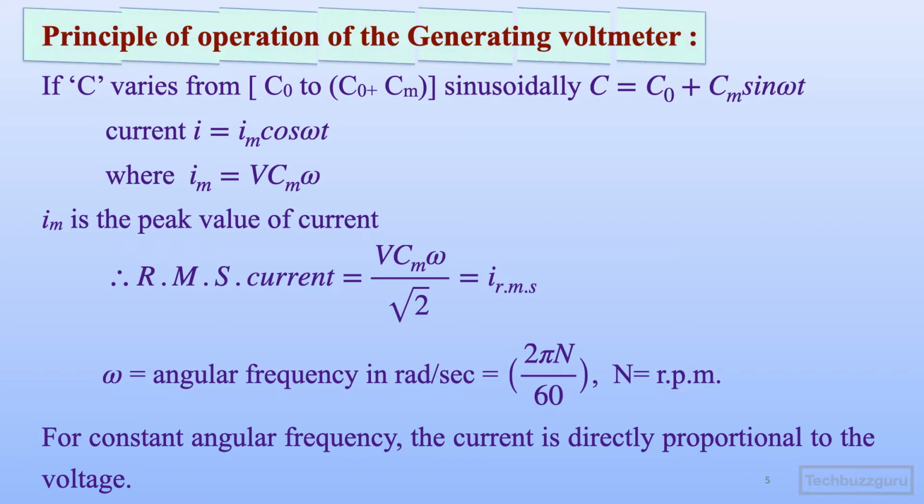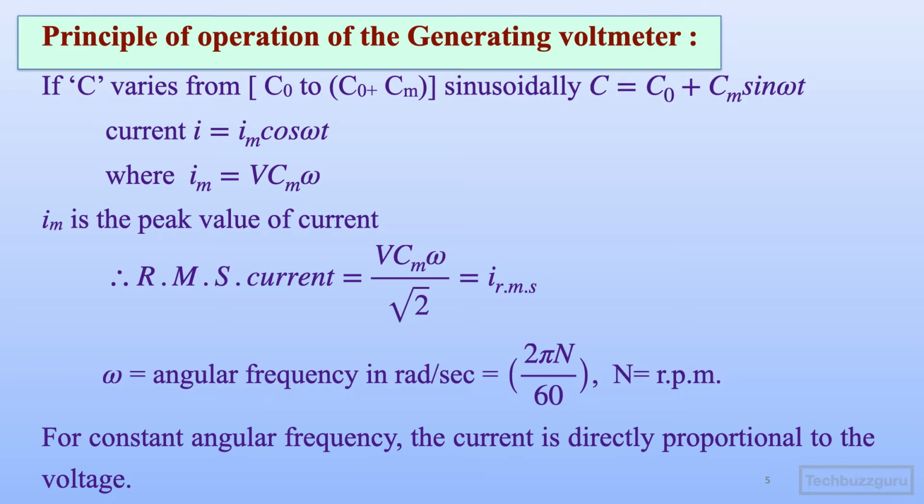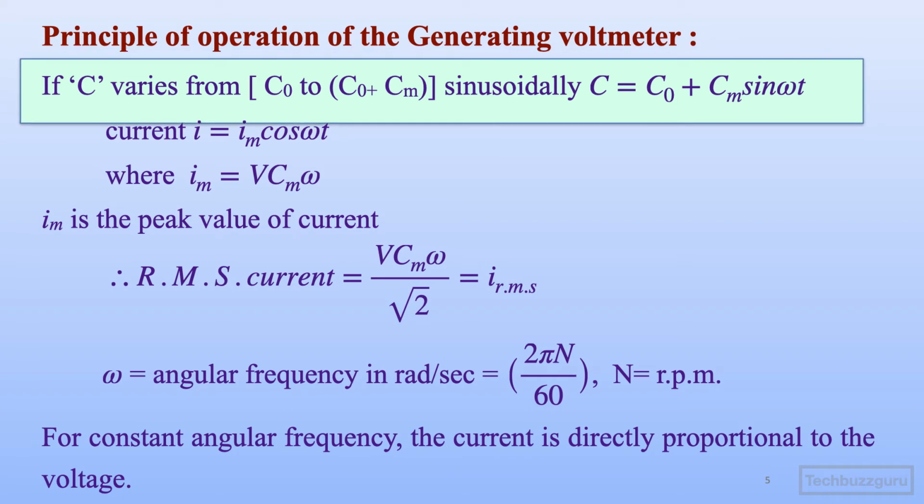We continue with the operating principle. As I said, the current is proportional to the voltage to be measured, and the constant of proportionality is the time rate of change of capacitance. So in generating voltmeter, an arrangement is made such that the capacitance varies from value C0 to Cm in a sinusoidal manner.